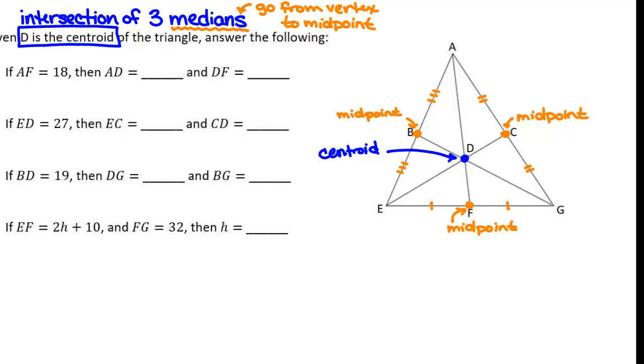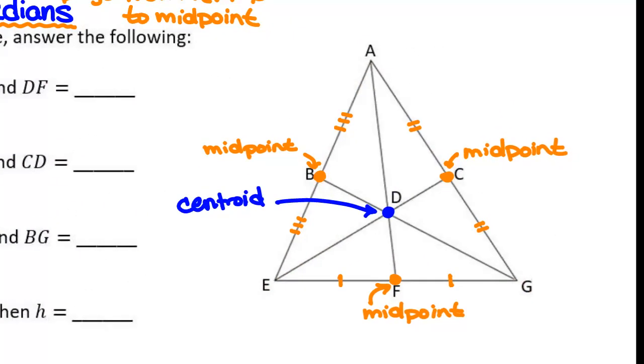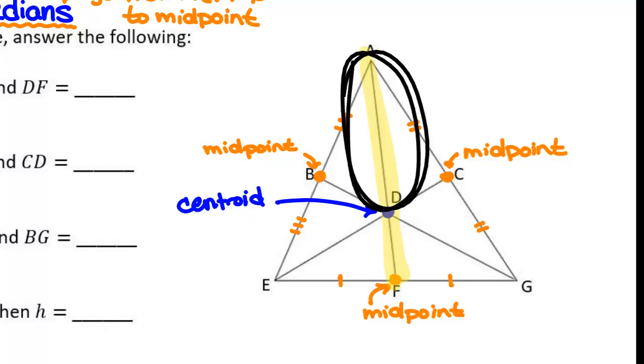There was another special relationship that we talked about when it came to the centroid. When I look at just one median, do you see how there's a shorter piece of the median? It goes from the centroid to the midpoint. And there's this longer piece of the median from the centroid to the vertex. There's a really special relationship between those two segments.